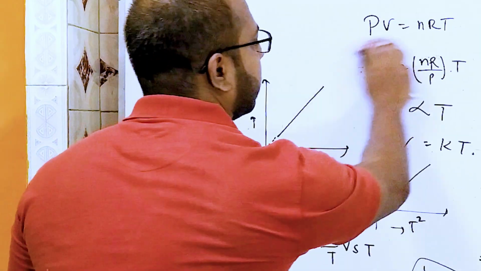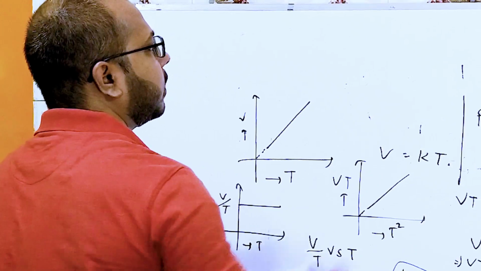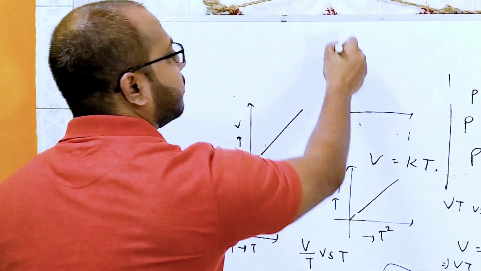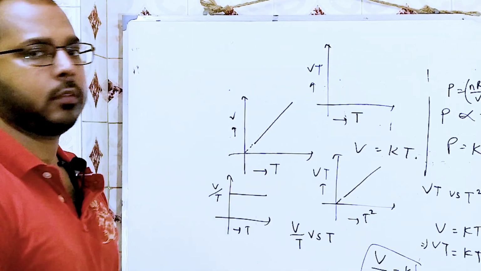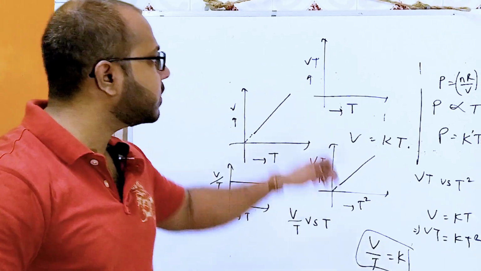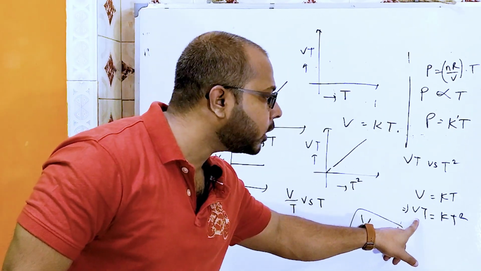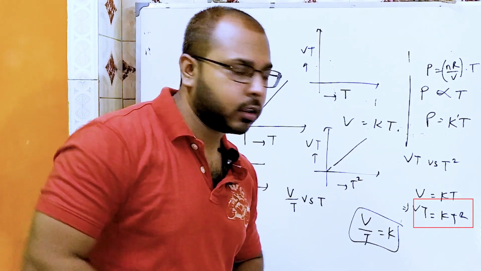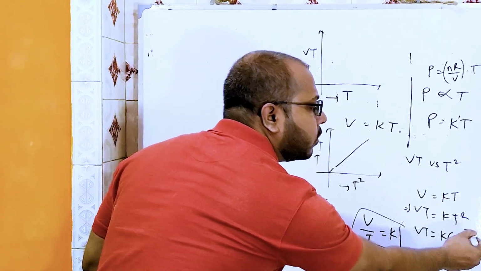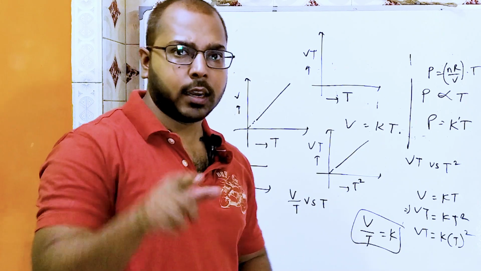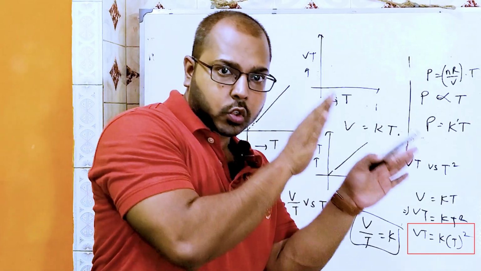And if someone is asking you, sir, what is the nature of Vt versus T? It's a good question. Again, we showed that Vt equals to Kt square.